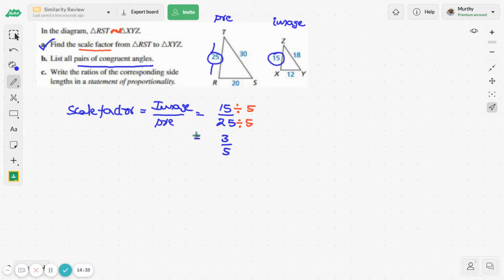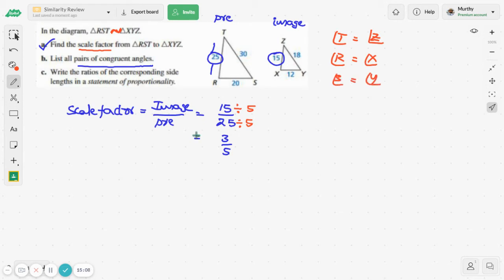Here angle T equals angle Z, angle R equals angle X, and the third angle S equals angle Y. Please remember the corresponding angles are equal.